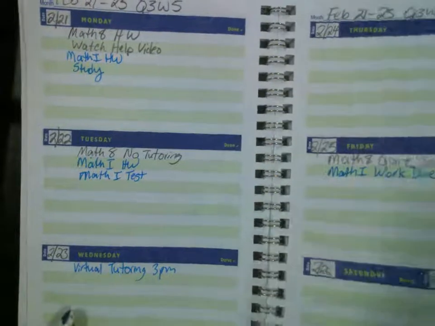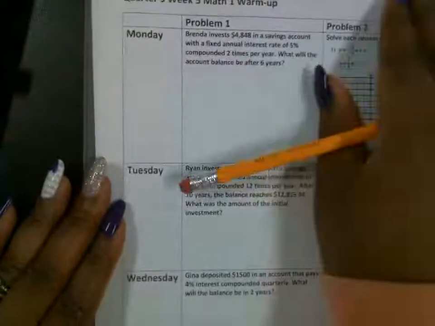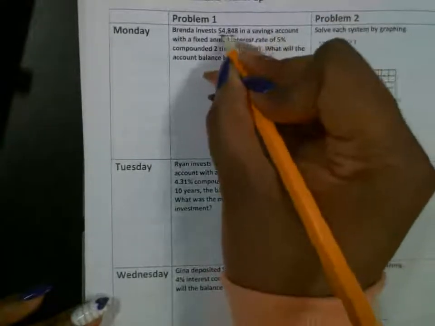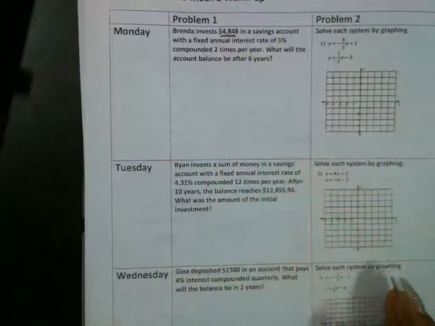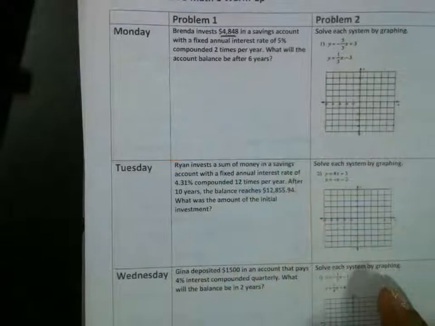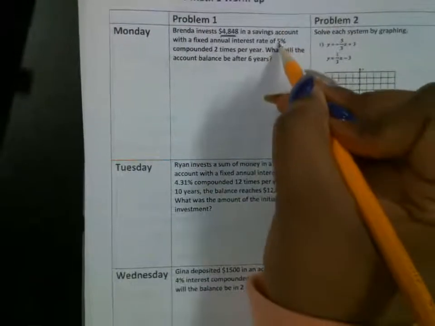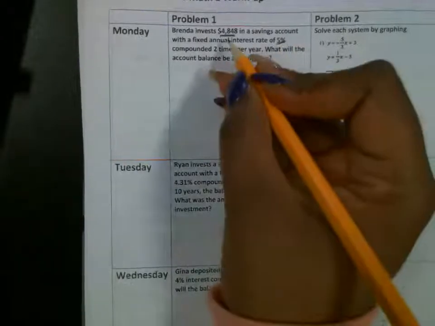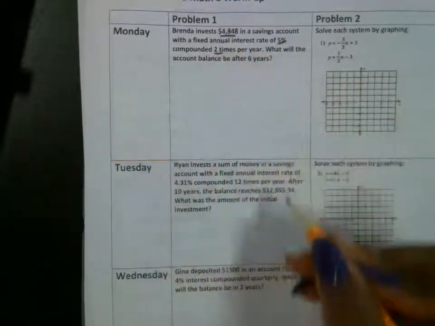All right, so let's look at the warm-up. Brenda invests, this is an investment, $4,848 into a savings account with a fixed annual interest rate of 5%, compounded 2 times per year.